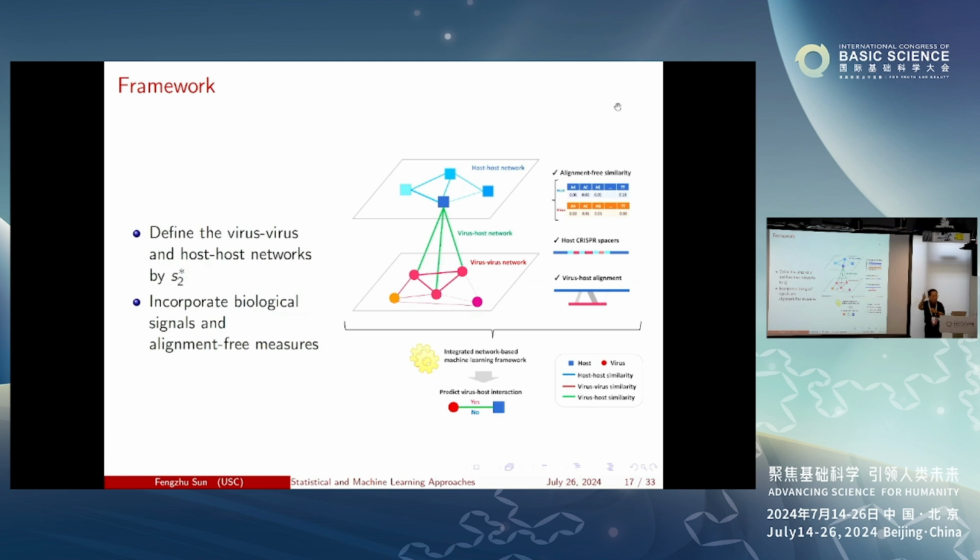That's already in the database. So you formulate this into a mathematical problem.